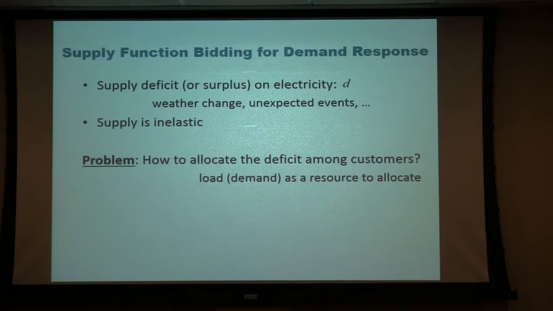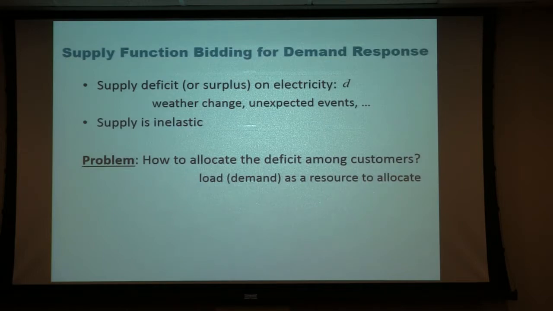One example is demand response. Suppose there is an electricity deficiency D. Now I want each individual to tell me how much you can reduce your load, in order for the entire grid to reduce total load by the amount D.